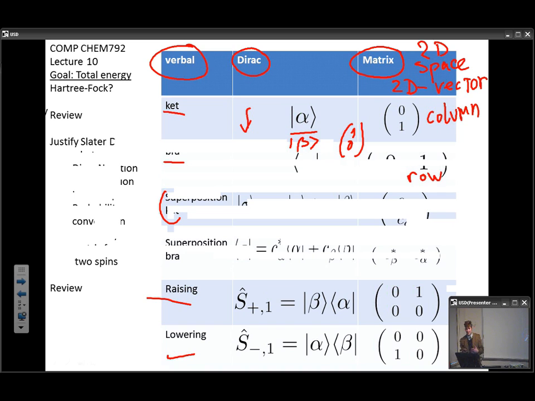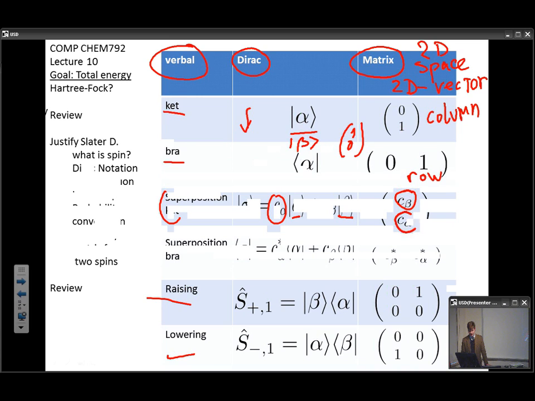And this notation is designed in such a way that if you multiply bra by ket, you have the row by column multiplication rule, and then you get a number. This all is set up. So if you have a superposition of one basis vector times some coefficient plus another basis vector times a coefficient, then you have these coefficients plugged into a column vector.